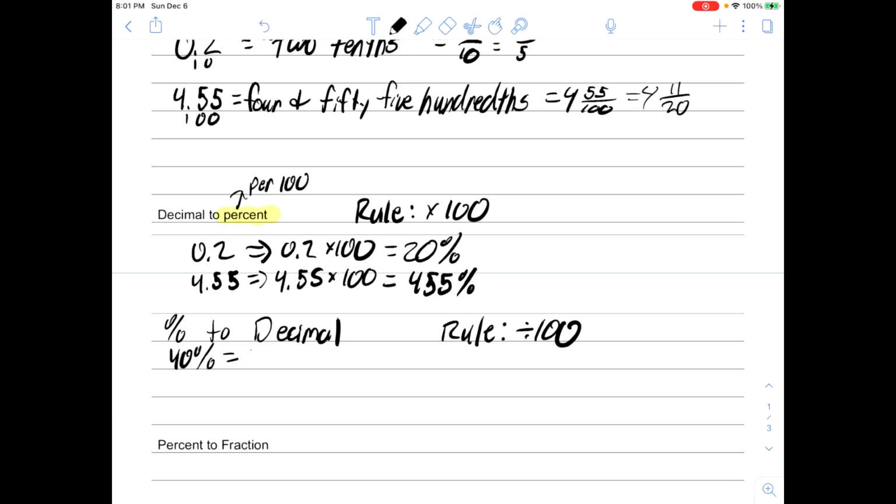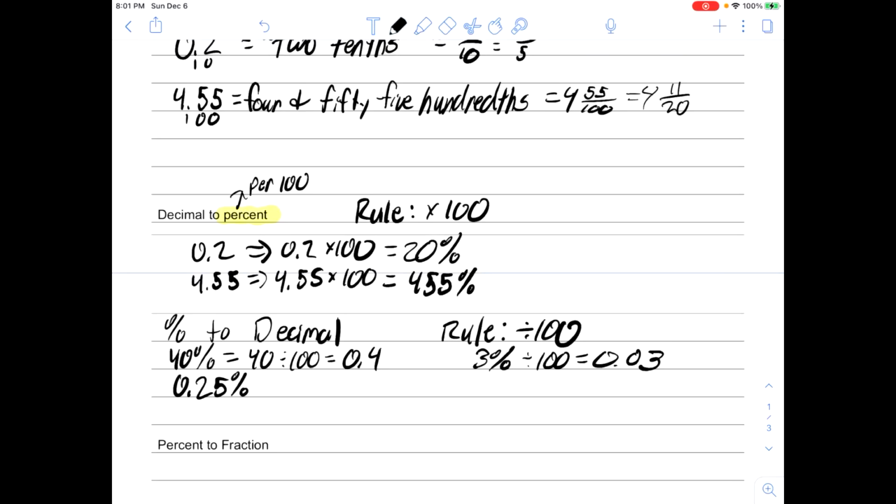I would do 40 divided by 100, and that would get me 0.4. That's my decimal. 3%, we would divide by 100, and we would get 0.03. Even if there is a decimal in my percent. So for example, 0.25% is still a percent.